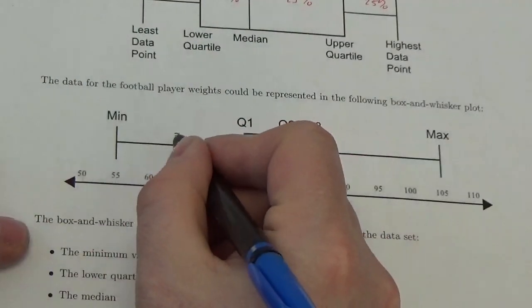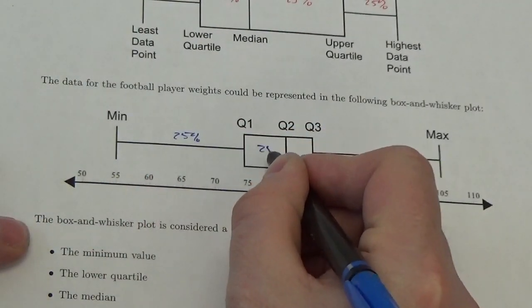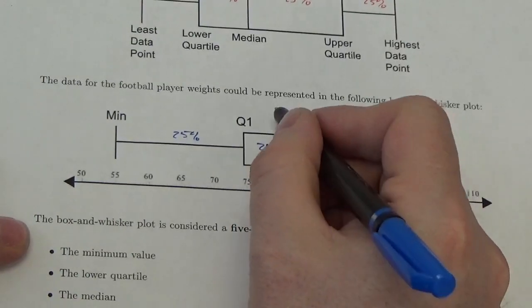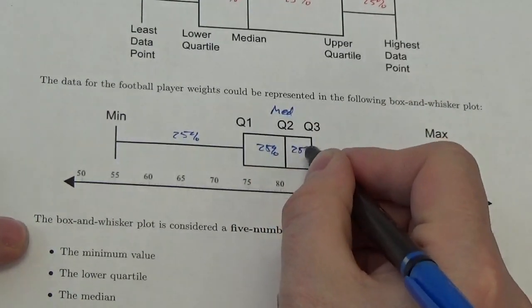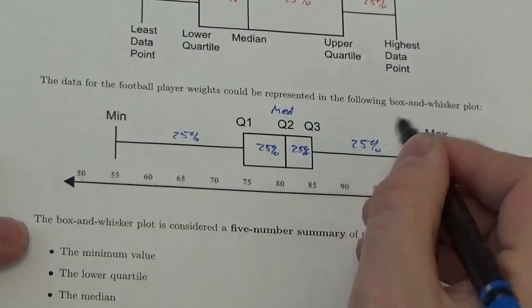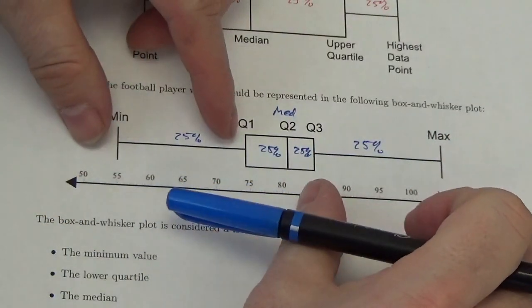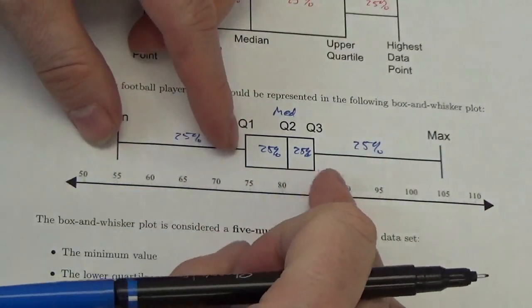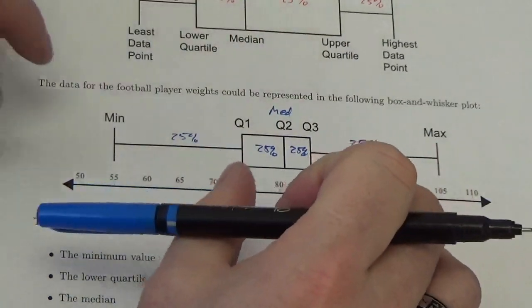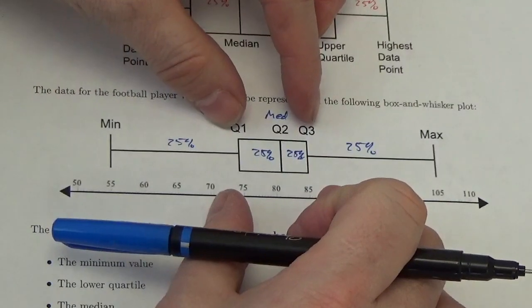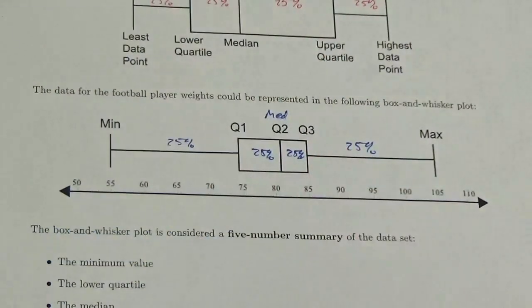So here's our 25%, here's our 25%, there's our median, 25% and 25%. So that first 25% and the last 25%, they're quite spread out, but notice that middle 50% is quite compact, okay? So there's a cluster there in the center.